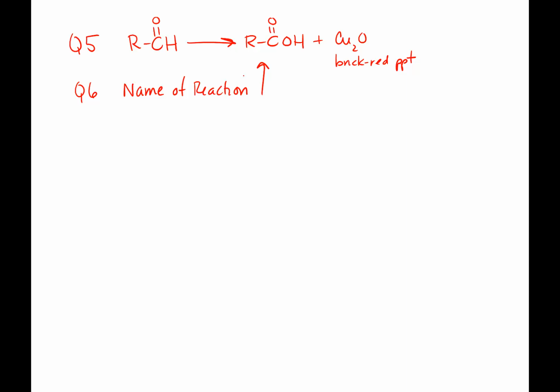Again, these are all review reactions to make the carboxylic acid. Question number 7. If you have a triple bond, what reagent would you use to cleave the triple bond to form two carboxylic acids?